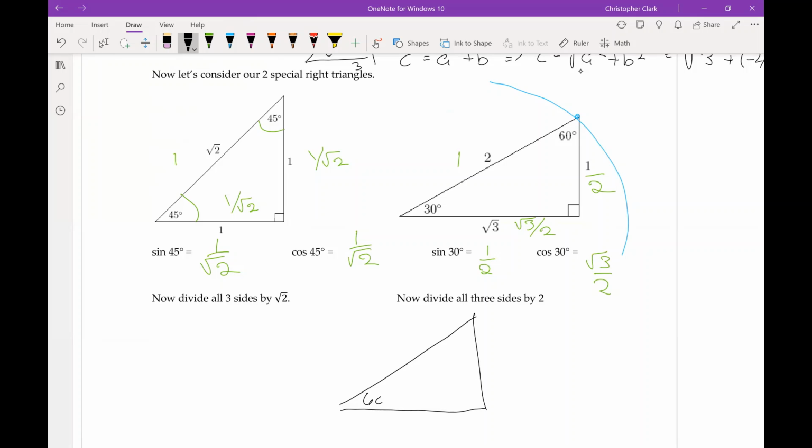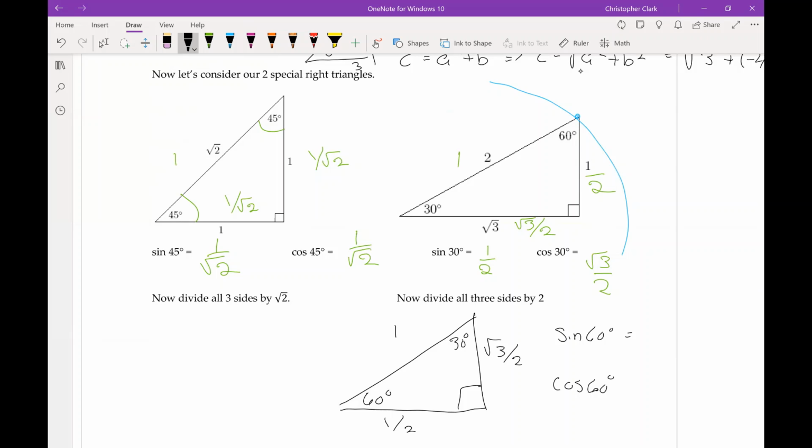So we've got 60 degrees here. This tells us that this side is 1/2, the side opposite 60 is root 3 over 2, and then this side is 1. In this case, it doesn't actually ask us to do it, but I'll go ahead and do it right now. We can do sine of 60 and cosine of 60.